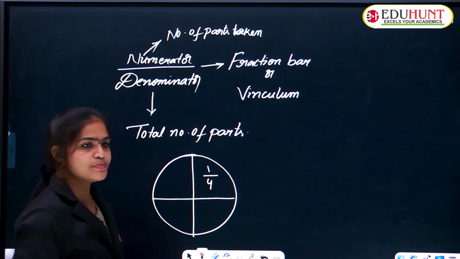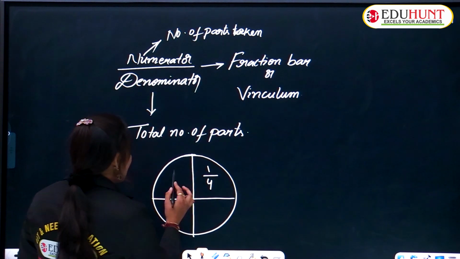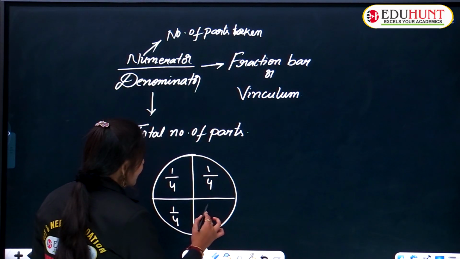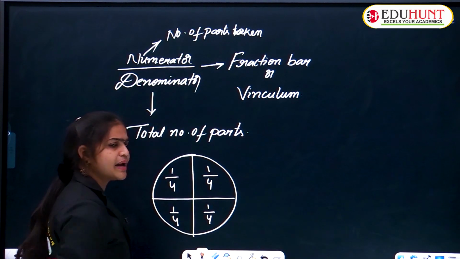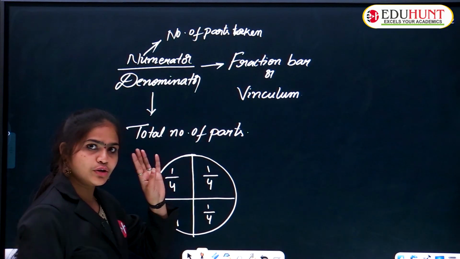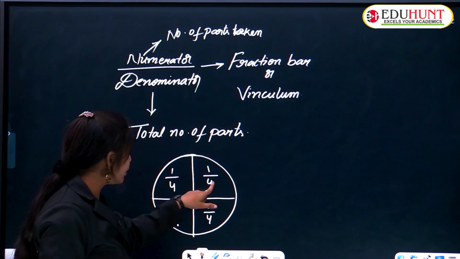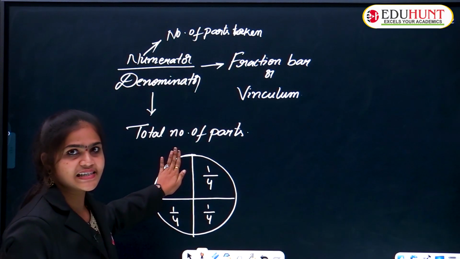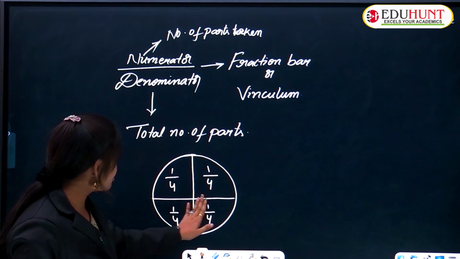And this is also 1/4 part, and this is also 1/4 part, and this is also 1/4 part. Why? Because the total circle is divided into 4 parts, and out of 4 parts, this is one part, and the other two are the same.